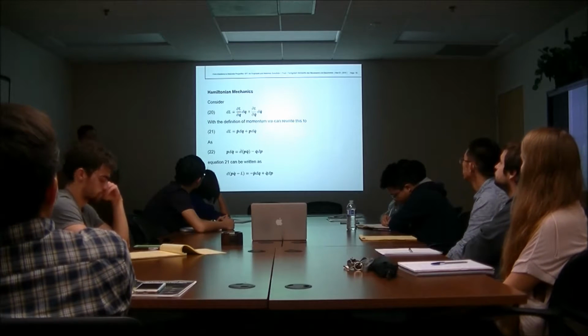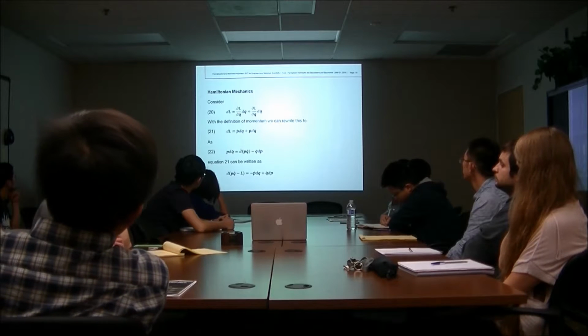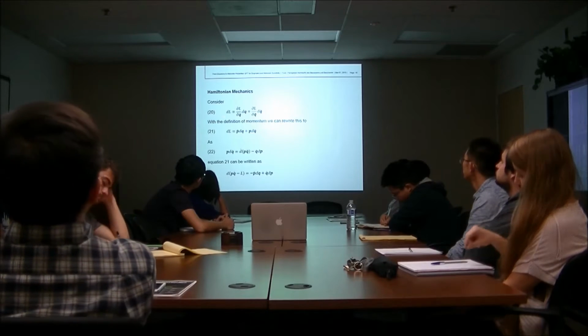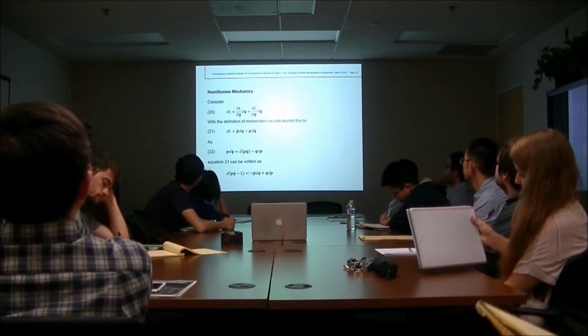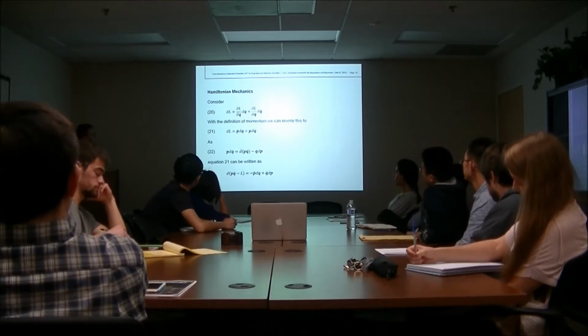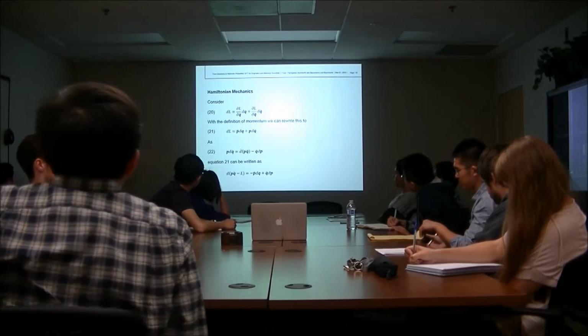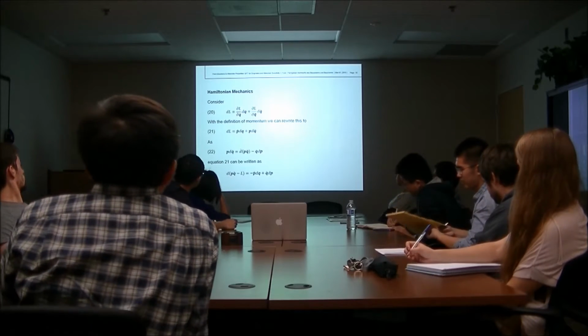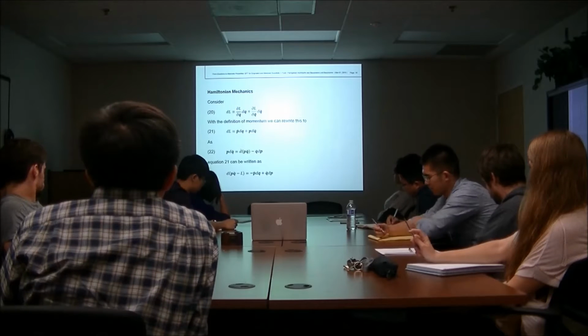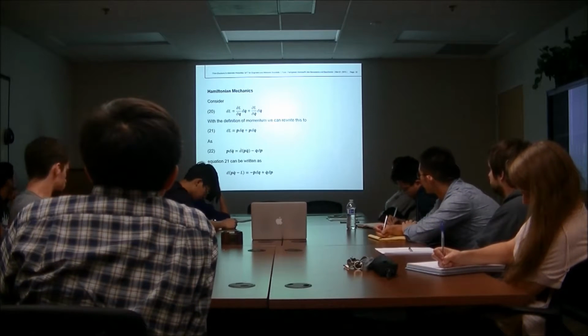So, back to the beginning. We already did this to our Lagrangian. But we also have the definition of momentum, how we can rewrite. We derive the Lagrangian with respect to the coordinates.